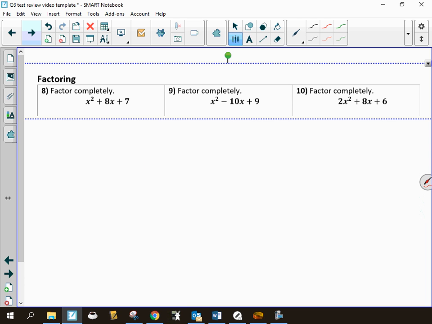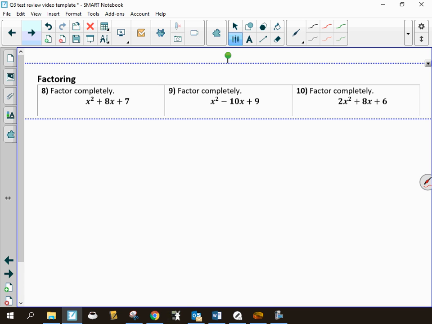All right, factor completely. So all 3 of these examples are quadratic trinomials, where the highest exponent is 2 and there are 3 terms.